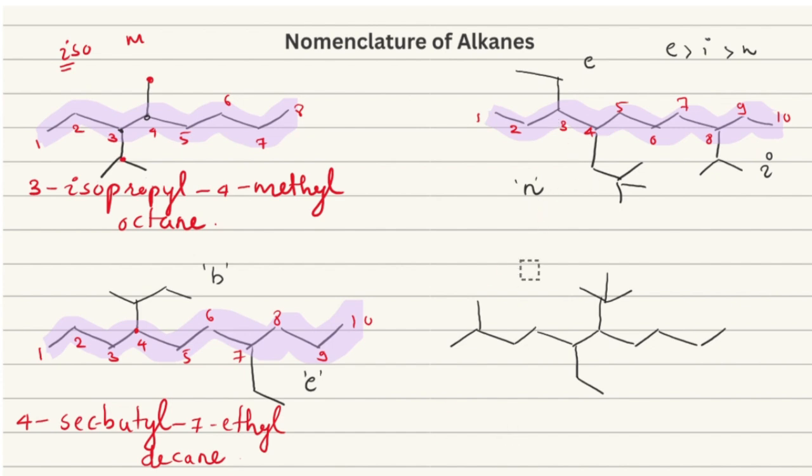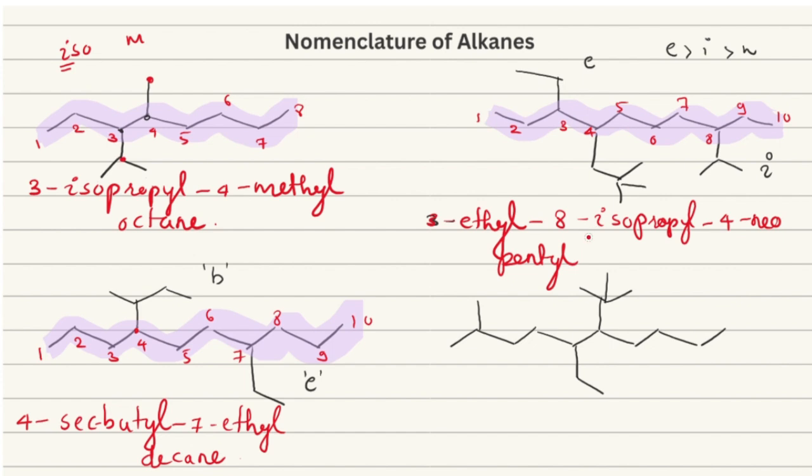Now arrange them according to alphabetical priority. E means 3-ethyl, and then I means 8-isopropyl, 4-neopentyl, and then there are 10 carbons, therefore decane.